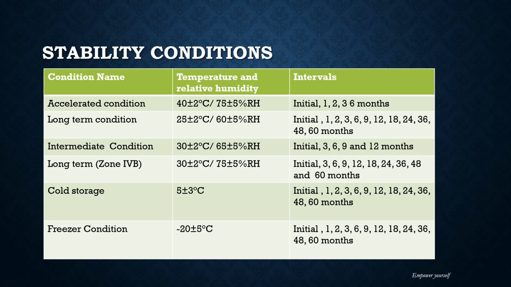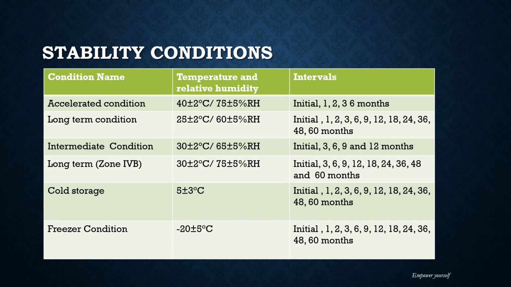So usually the accelerated condition is placed up to 6 months only. Based upon the results obtained from the initial, first, second, third, and sixth month, we can say that my product is stable under accelerated condition up to this many months.